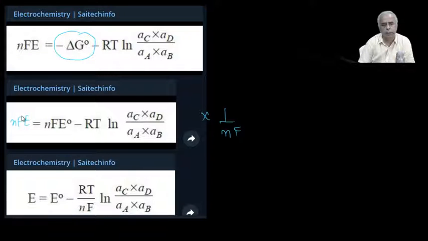So NF is cancelled here, and similarly here also cancel, and here minus RT by NF. So we have got this NF divided by NF into log of AC into AD divided by AA AB.